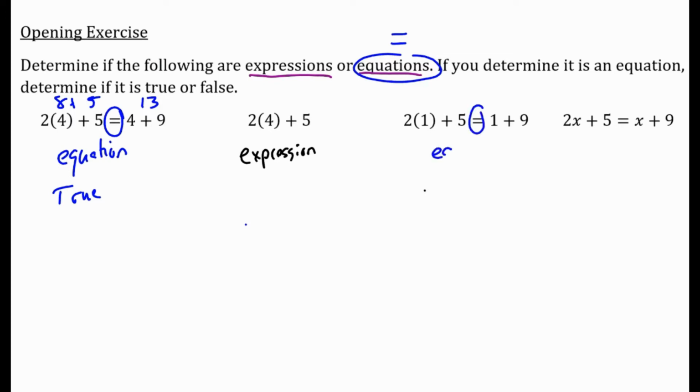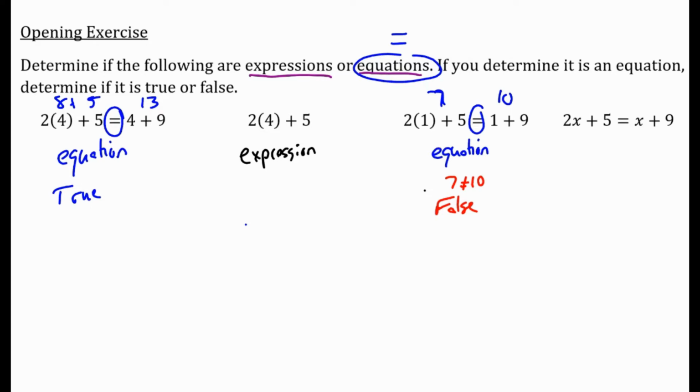Well, this is definitely an equation because it's got the equal to there. And let's see, is it a true statement or is it a false statement? 2 plus 5 is 7. Does 7 equal 10? Last time I checked, 7 does not equal 10, so this is a false statement. That equation is false. It's an equation, it just isn't a true statement.